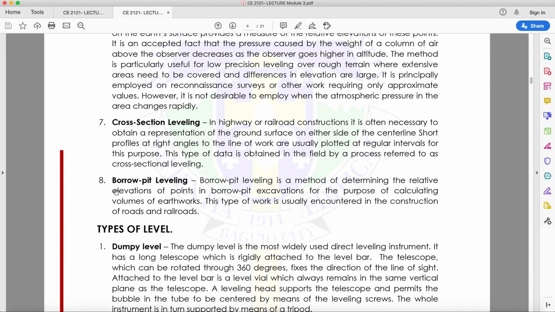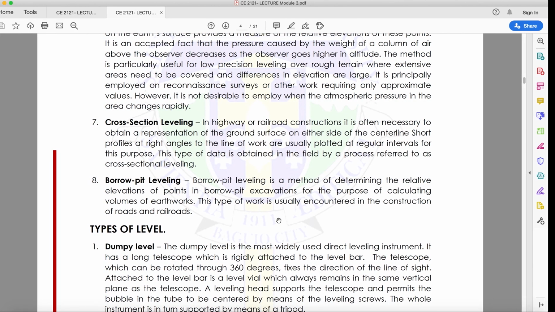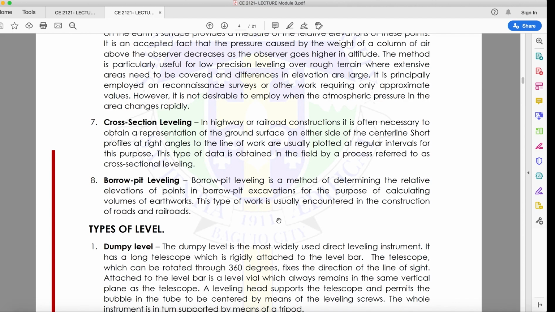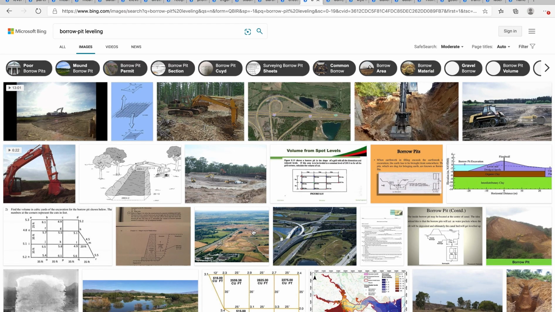Okay. Going back, number 8, borrow pit leveling. Borrow pit leveling is a method of determining the relative elevation of points in borrow pit excavation for the purpose of calculating volume. This type of work is usually encountered in the construction of roads and railroads. We are determining the relative elevation with respect to the areas we have excavated.